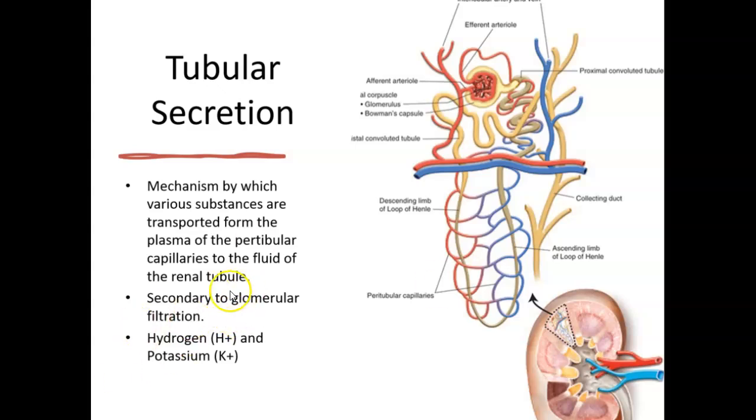So it's secondary to that glomerular filtration, and very important. It's what removes the hydrogen ions, which is extremely important for acid-base regulation, and excessive amounts of potassium from our body. And you're going to learn in a few slides that potassium is important for a lot of cellular functions. So too much or too little potassium is very dangerous to our bodies.